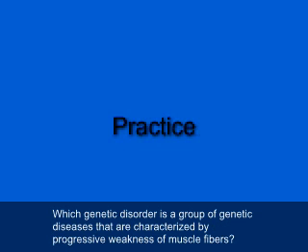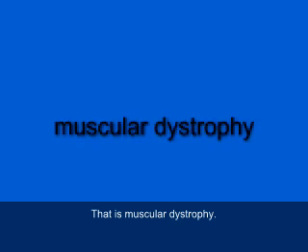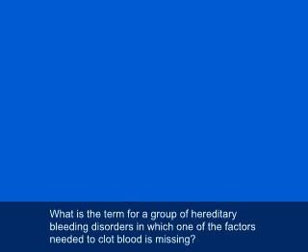Which genetic disorder is a group of genetic diseases that are characterized by progressive weakness of muscle fibers? That's muscular dystrophy. M-U-S-C-U-L-A-R, dystrophy, D-Y-S-T-R-O-P-H-Y. What is the term for a group of hereditary bleeding disorders in which one of the factors needed to clot blood is missing?